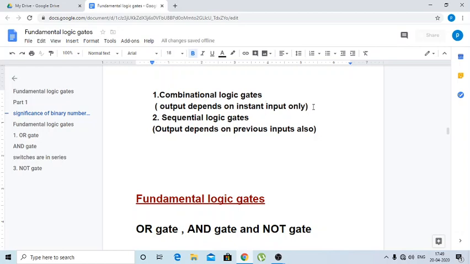There are OR gate, AND gate, NOT gate, NAND, NOR. These are the examples of combinational logic gates. Whereas sequential logic gates have an output that depends upon previous inputs also. For example, we are using a digital calculator and adding some values.